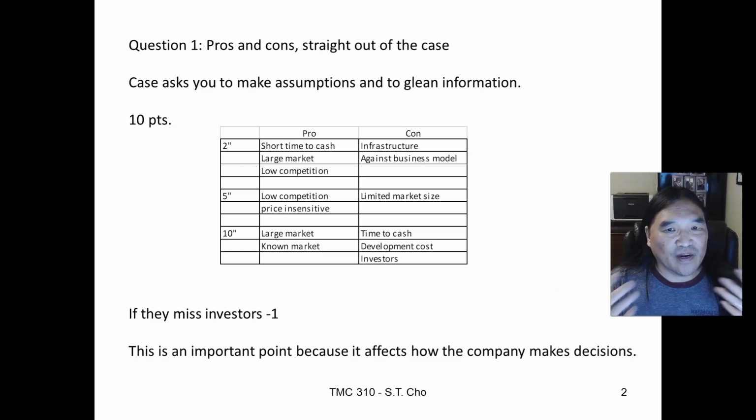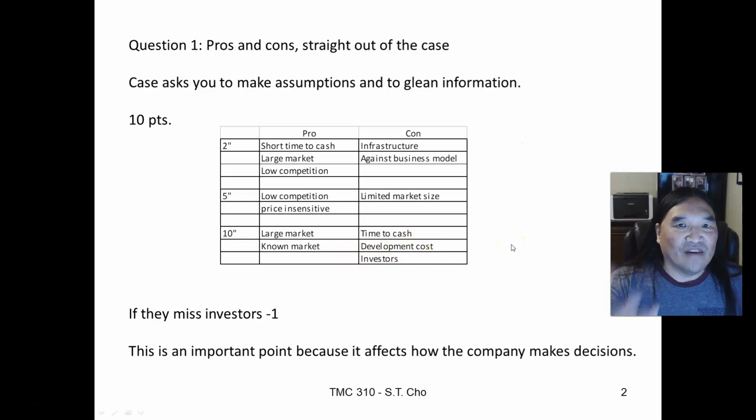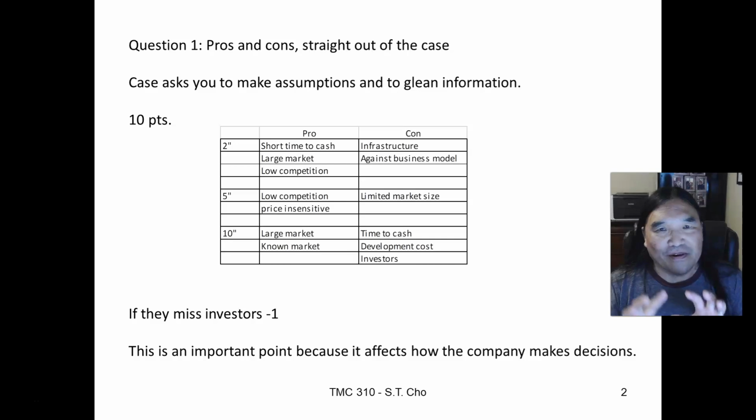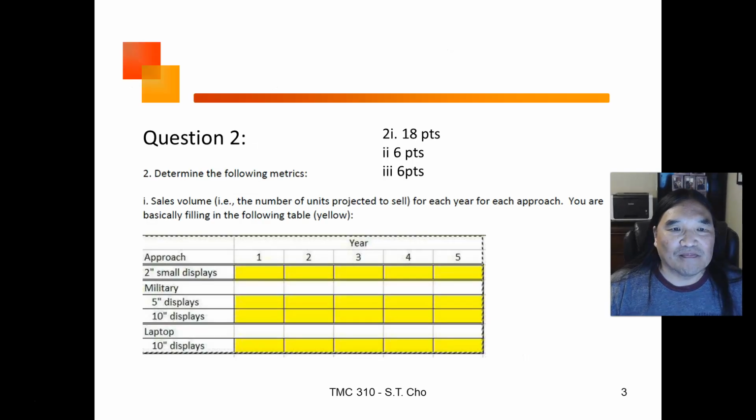And so these are straight out of the case. One of the biggest details I was looking for is, for the 10-inch displays, are investors an issue? And they are an issue, because another part of marketing is management, and so you have to deal with management. But if you missed it, you only lost 1 point.